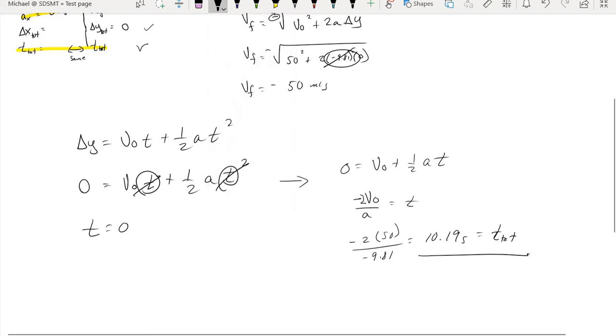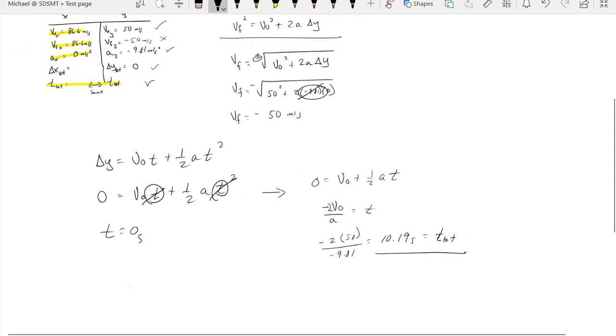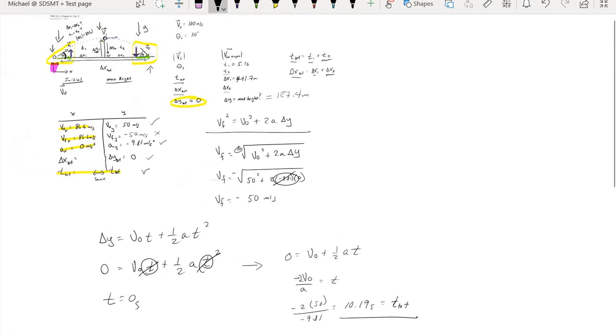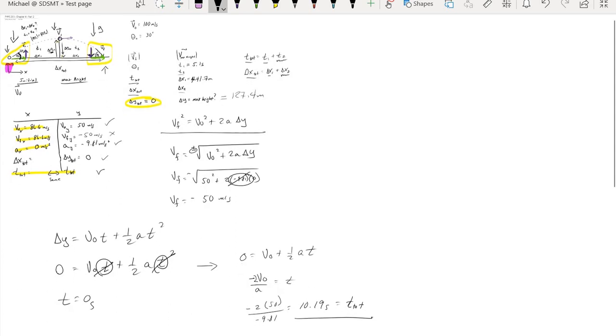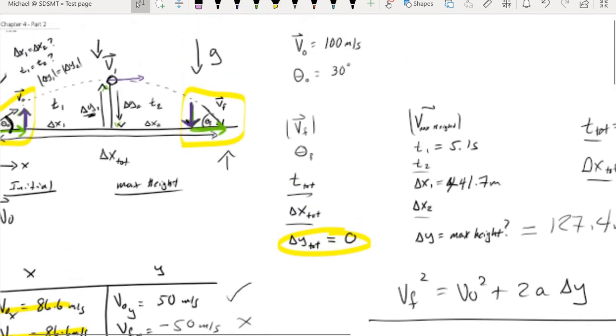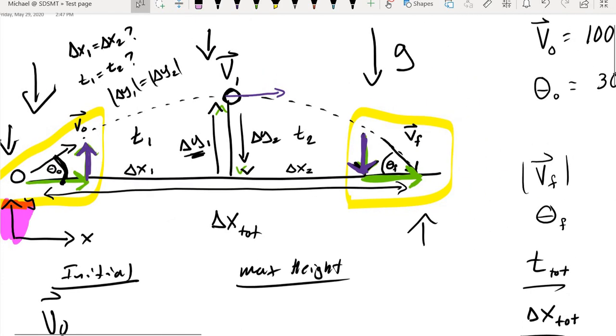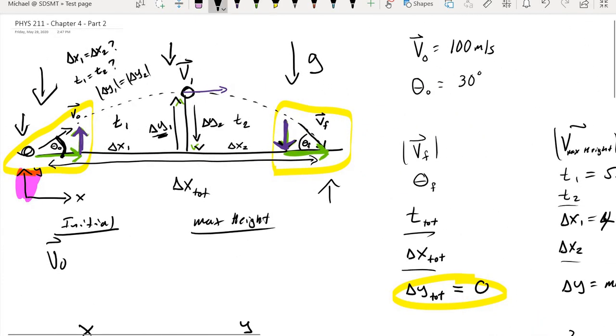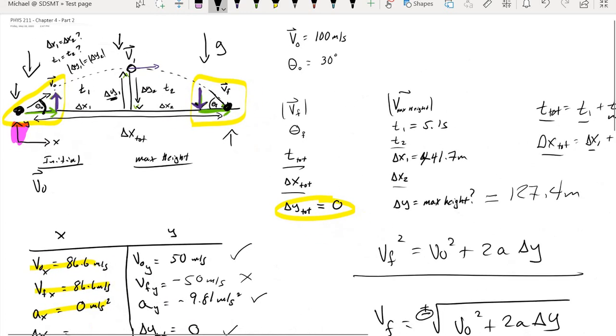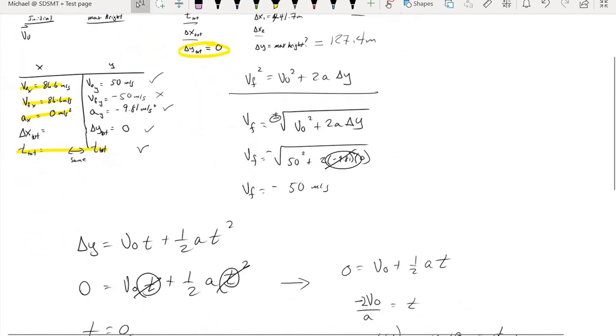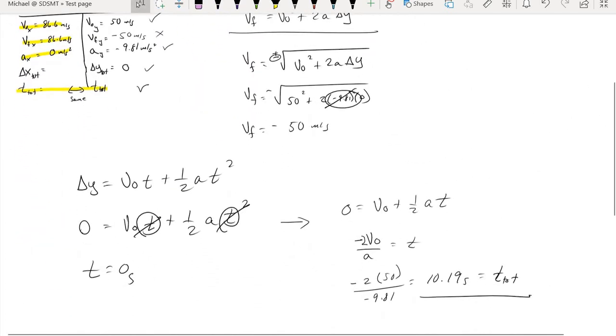And you might be thinking to yourself, well, we can't let the time equal 0. The ball can't get from the initial position to the final position. We can't make it from over here to over here if there's no travel time. But the kinematics didn't know any better. Remember that here we were only using information from the y-axis.